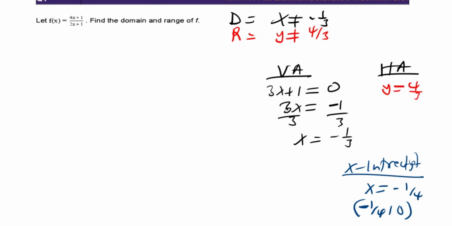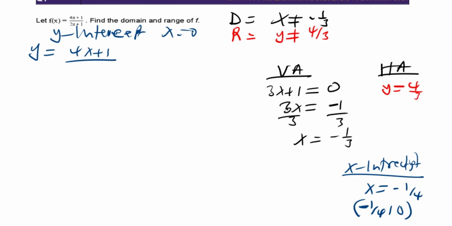Let's find the y-intercept. The y-intercept, x should be equal to 0. So y will be equal to 4x plus 1 divided by 3x plus 1. Now you are replacing, where there is x, put 0. y will be equal to 4 times 0, it will be 0, so it will be 1 on top.